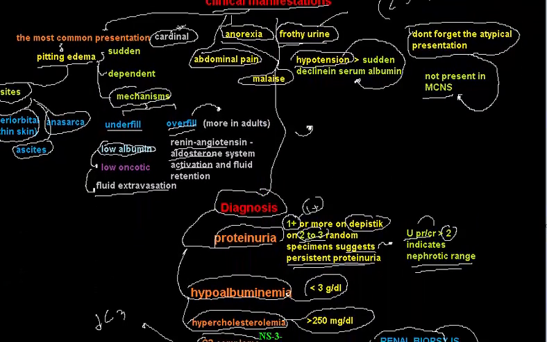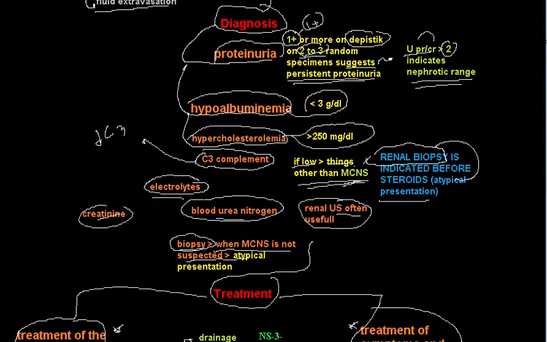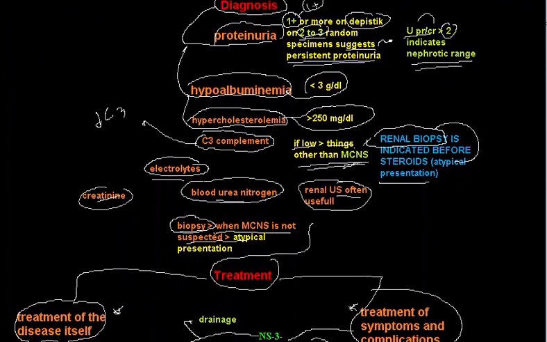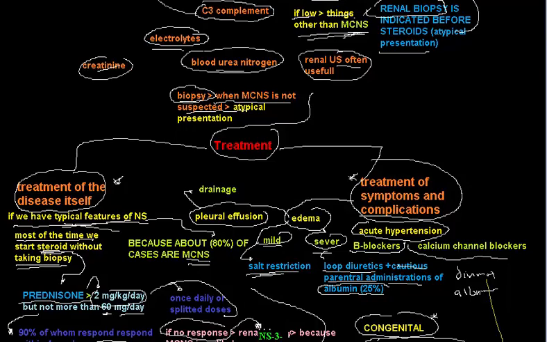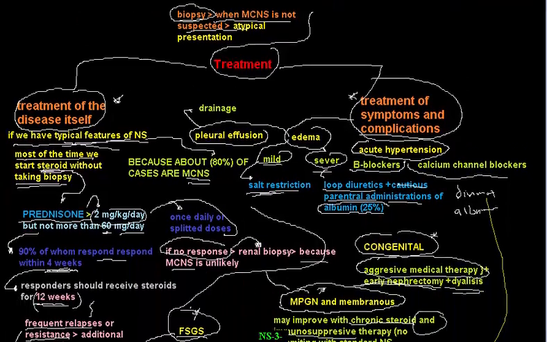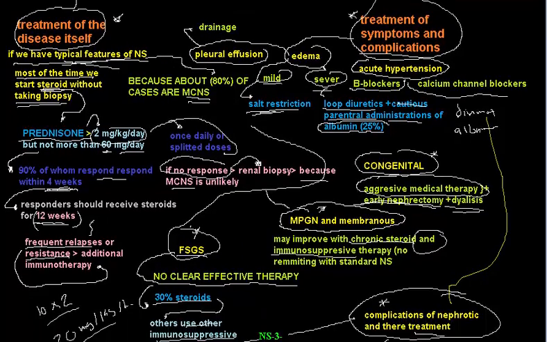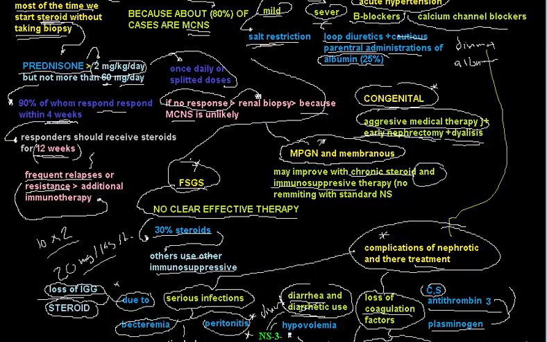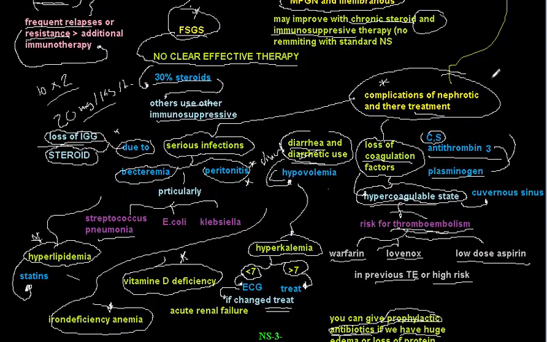Then the clinical manifestations and the diagnosis of nephrotic syndrome: proteinuria, the readings of urine protein, hypoalbuminemia, hypercholesterolemia, and C3 complement when it decreases. The treatment of nephrotic syndrome depends on whether we treat the disease itself or treat the symptoms of the condition. And finally we ended by treating the complications of nephrotic syndrome.